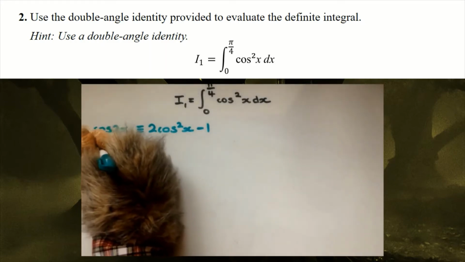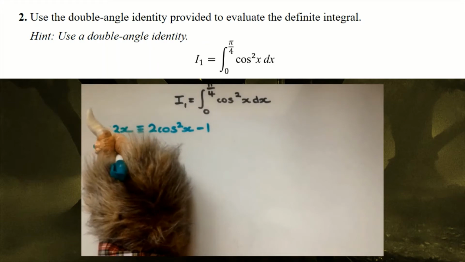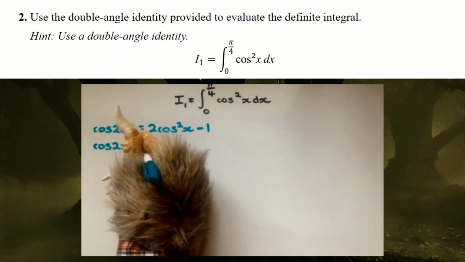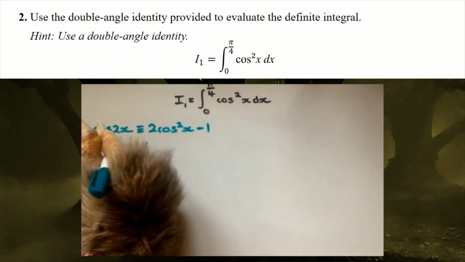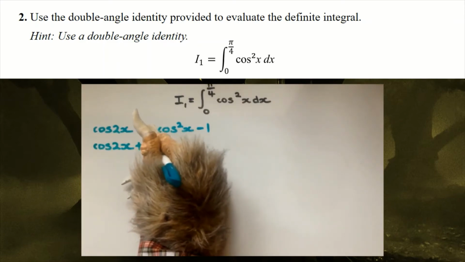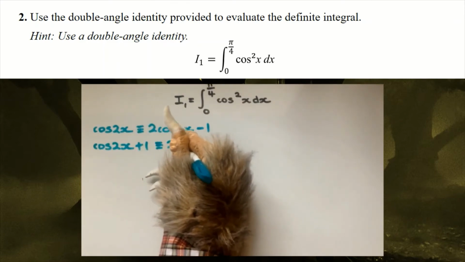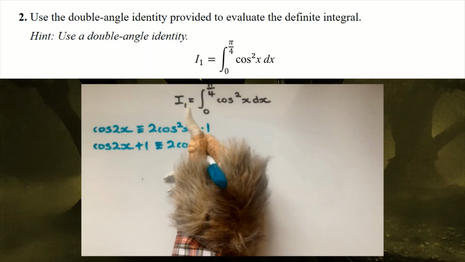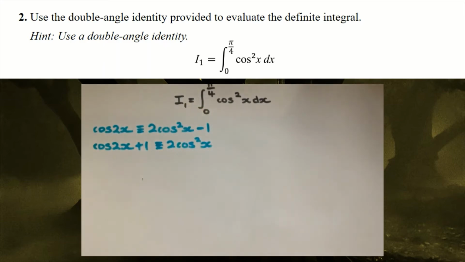So cos of 2x plus 1 is absolutely identical to 2 cos squared x. Great.